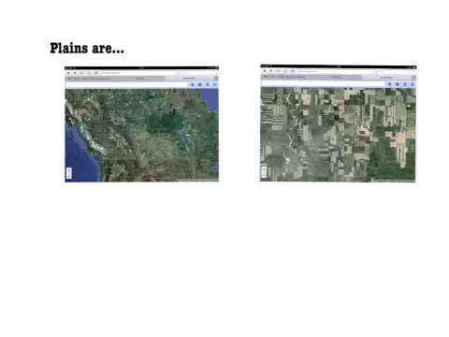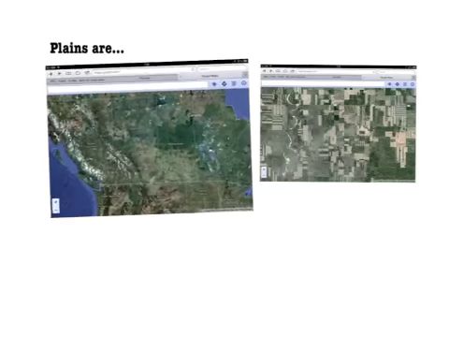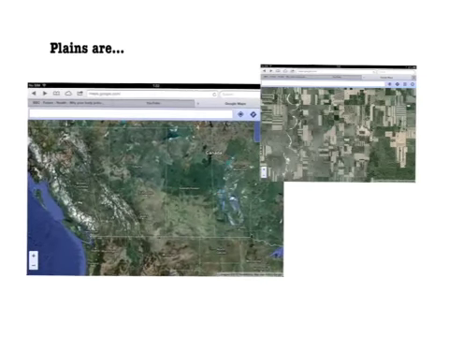We can learn a little more about plains by looking at some satellite images. This is from the north part of the United States and Canada. Here we have a mountain range, but this inside area is an area of plains. So plains are often found in the interior of continents. If we look at a satellite image from around here, we can learn a little bit more.